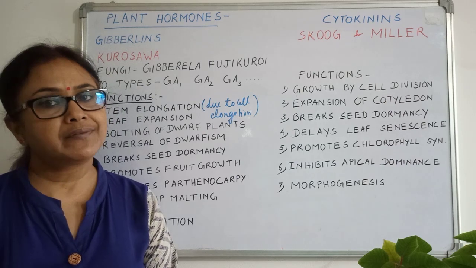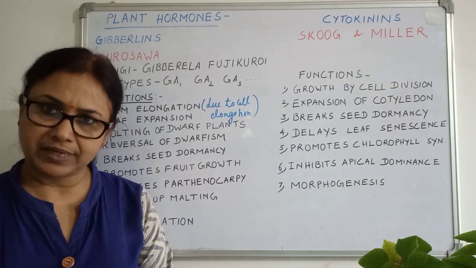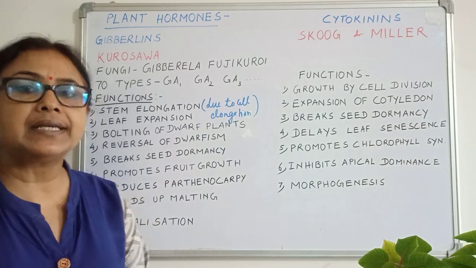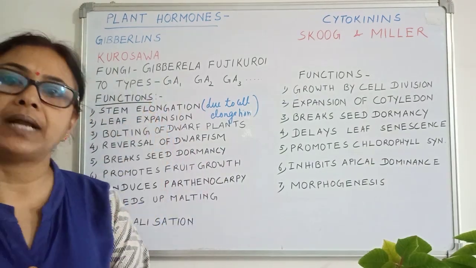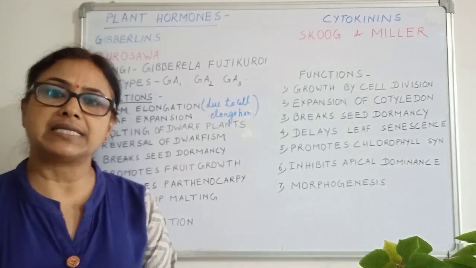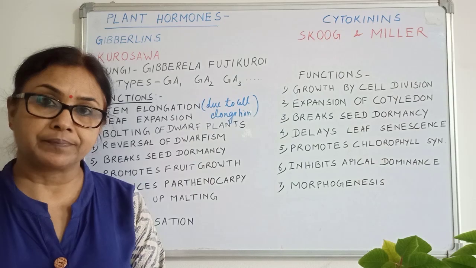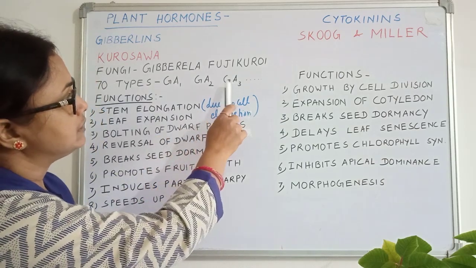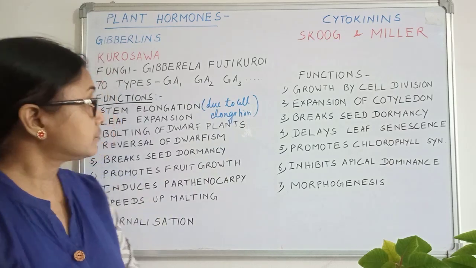Later on, many varieties of gibberellins were identified, over 100 different varieties from different plants, and approximately 70 different types of gibberellic acids were extracted. They were named gibberellic acid 1, gibberellic acid 2, gibberellic acid 3 and so on. Out of all these, gibberellic acid GA3 is the most studied gibberellin.